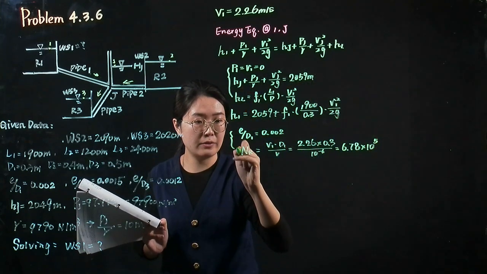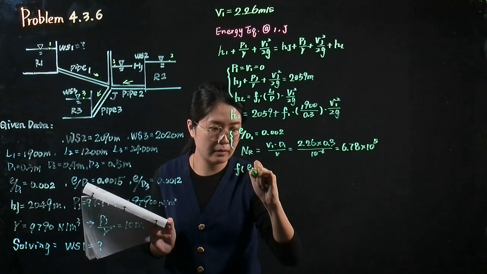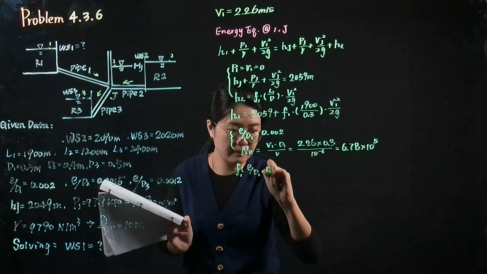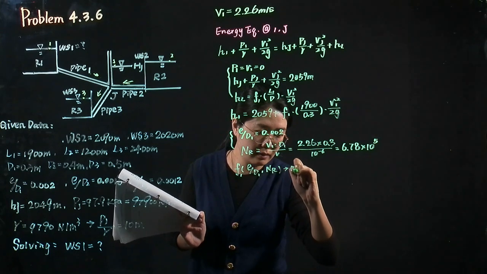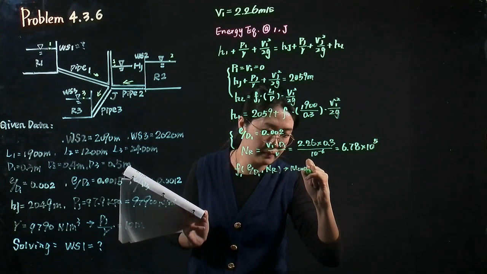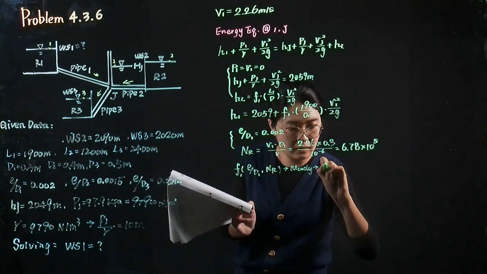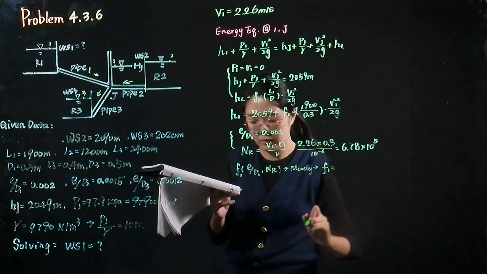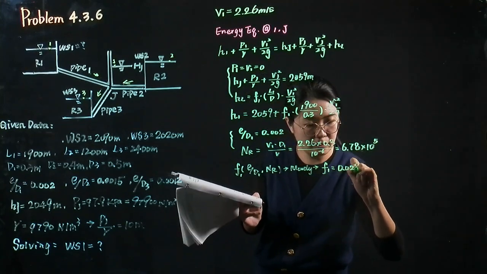After we got those two pieces of information, we can find the friction factor in the Moody diagram. The friction factor equals 0.0235.